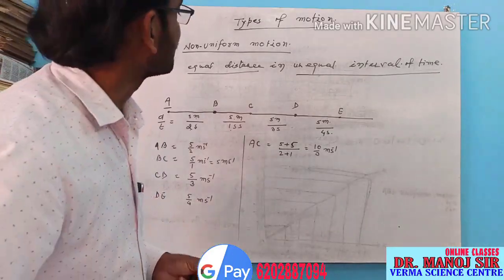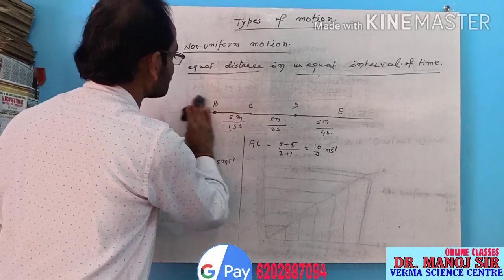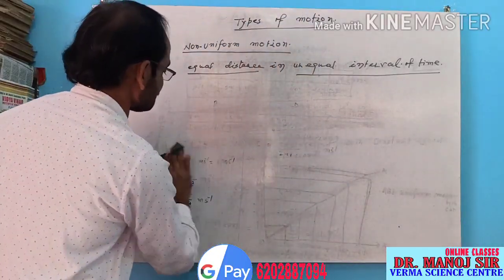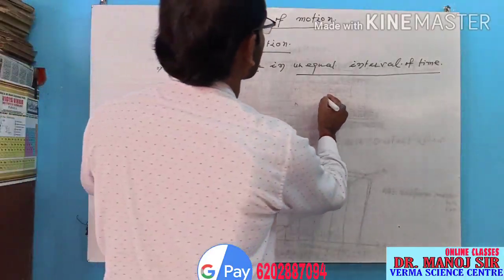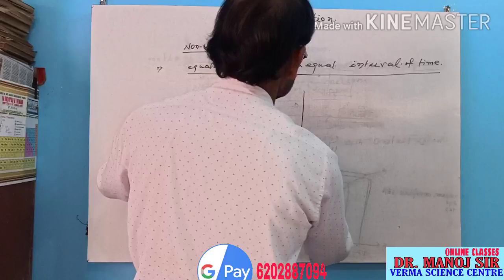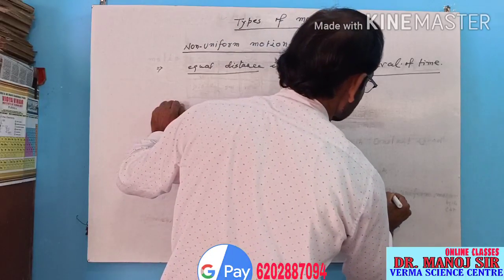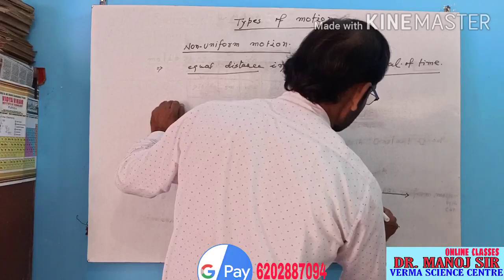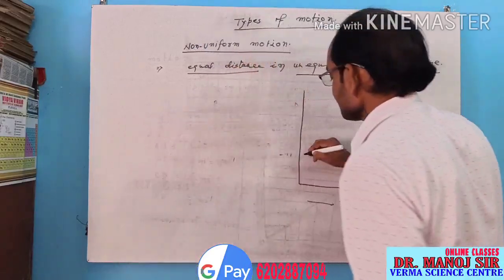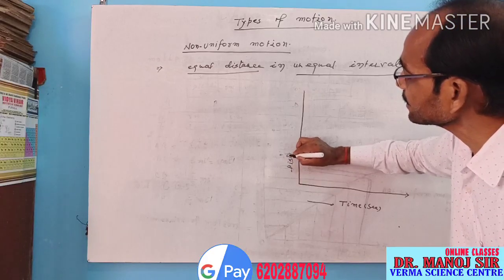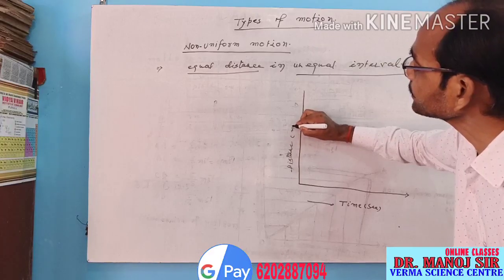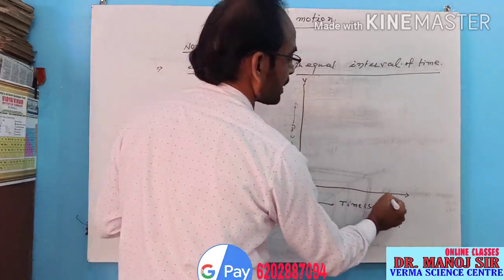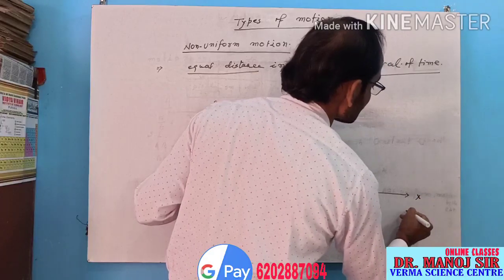For example, as the tabular values you have seen here, by the graphical representation, that is time in seconds and distance in meters. Meter is placed on the y-axis and time is placed on the x-axis.